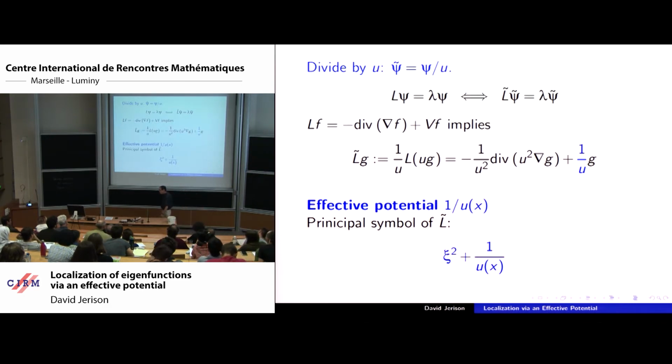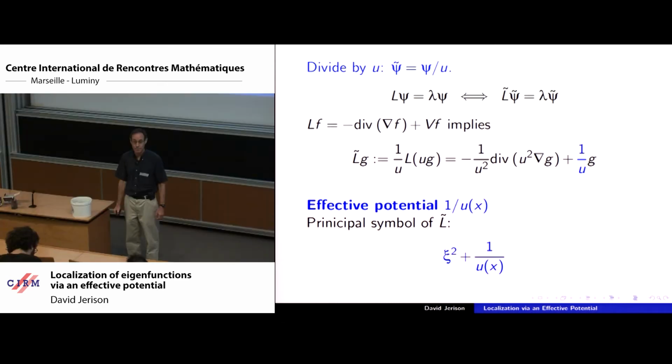And so one thought that comes to mind is that maybe you should try to use the Weyl law on this symbol rather than on c squared plus V. The Weyl law is the law that tells you how to count eigenvalues.